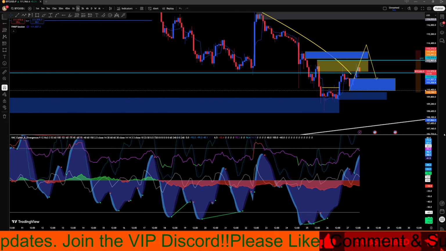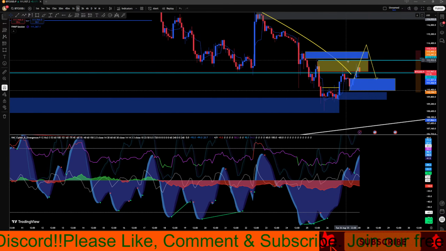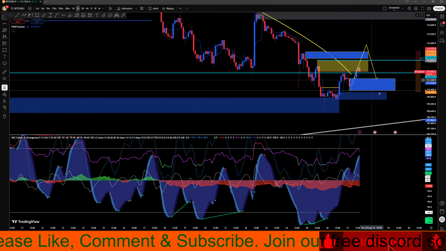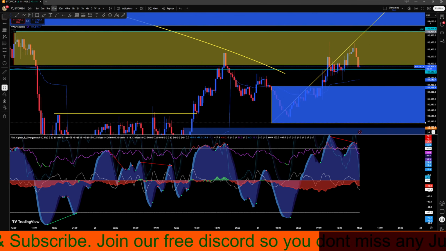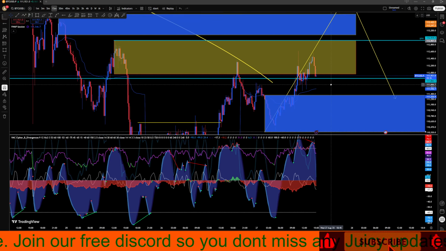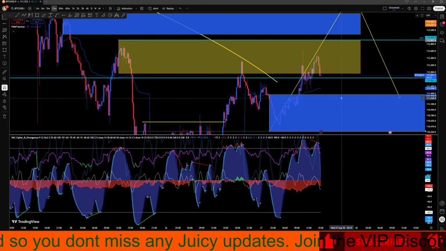We're finding resistance here, and we found it once and twice. This SFP has me a bit concerned, so price is really struggling here. There is definitely a lot of selling taking place.